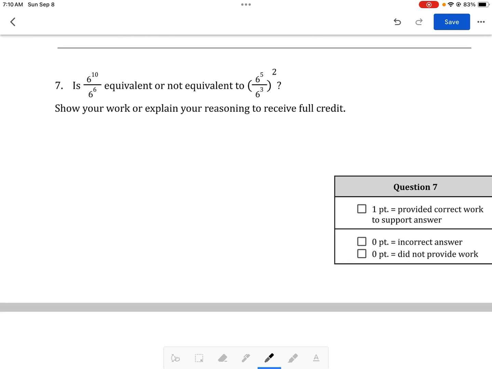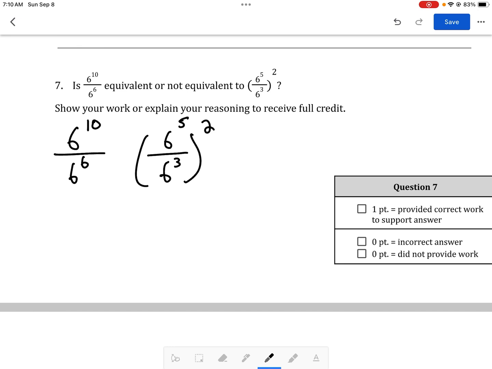Looking at number 7, I have 6 to the 10th over 6 to the 6th. And we're trying to figure out if it is equivalent or not equivalent to 6 to the 5th over 6 cubed, all of that squared.